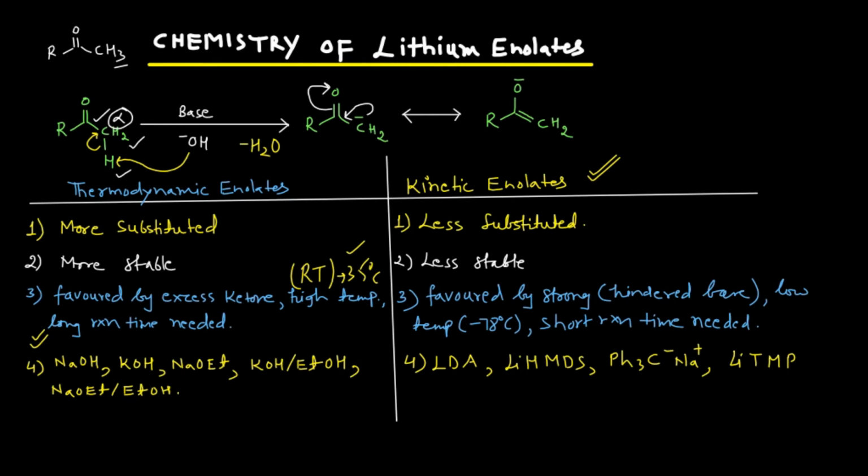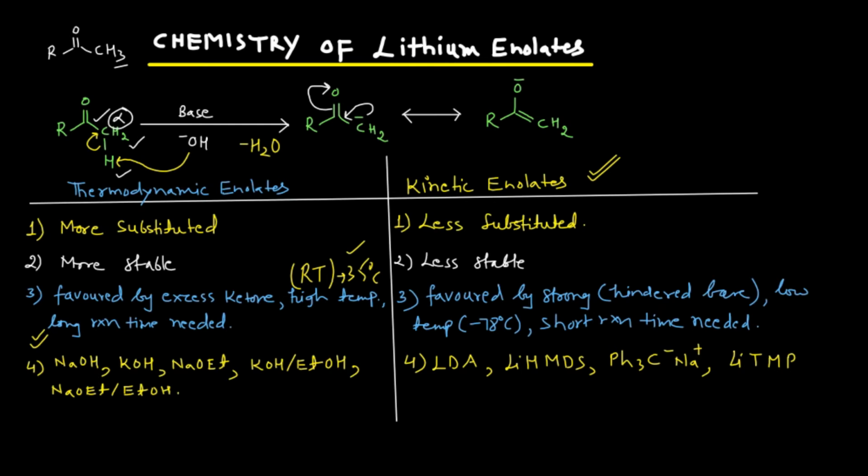The bases you will require for the formation of the kinetic enolates are LDA, lithium diisopropylamide, which I am discussing today, and then LiHMDS, which I'll discuss later, and then Ph3C negative Na positive, and then LiTMP.